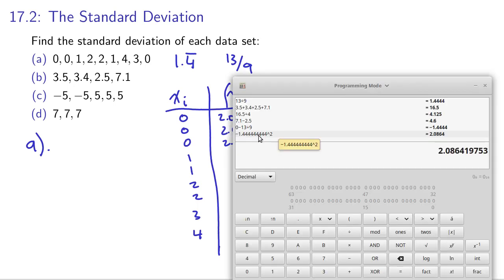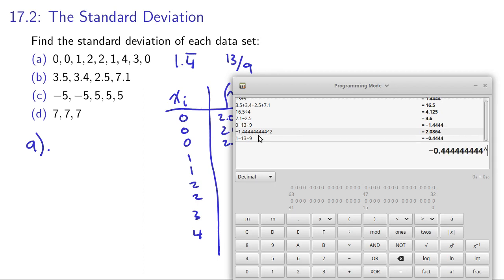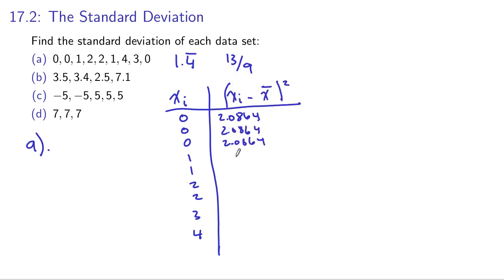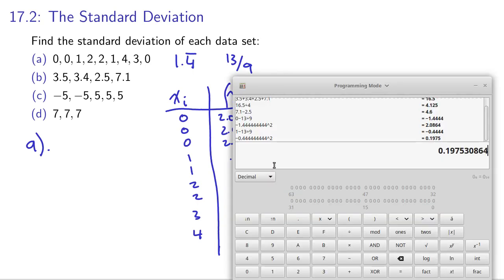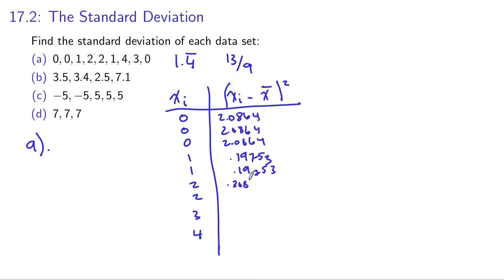Then we have a 1, so we have 1 minus 13/9 squared is 0.19753. There's 2 of those, and 3. 2 minus 13/9 is 0.55 repeating forever squared is 0.30864.